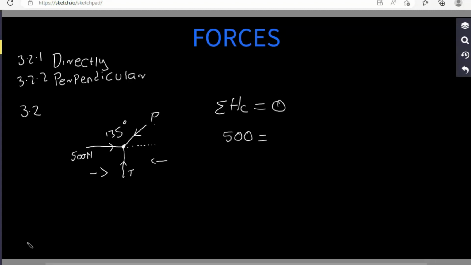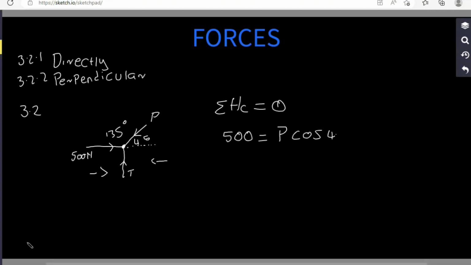It will be the component of P, which is P cos. We have to use the angle which it formed with the horizontal. This will be 45, because 180 minus 135 is 45.